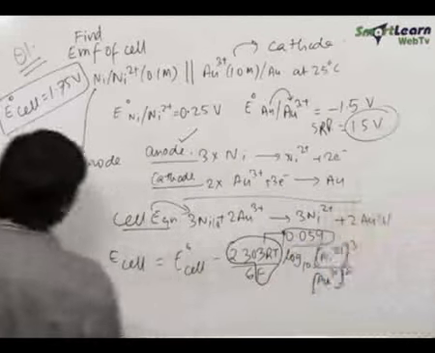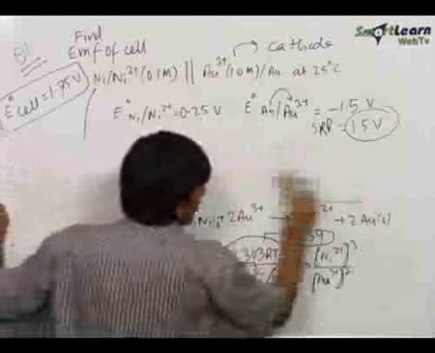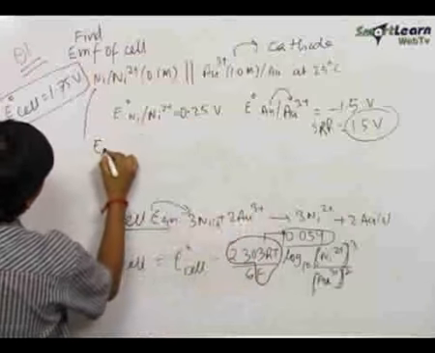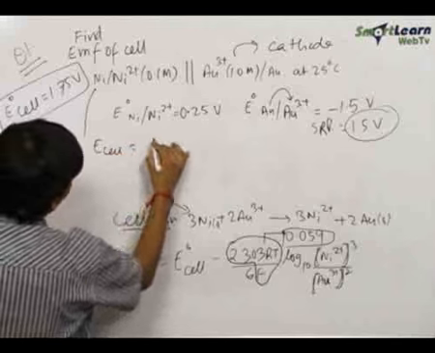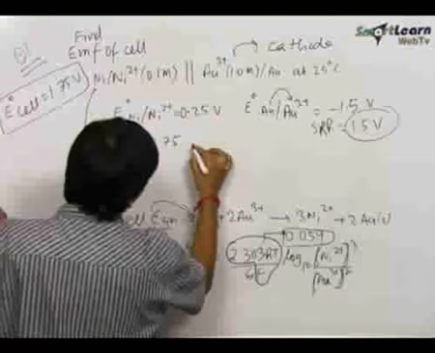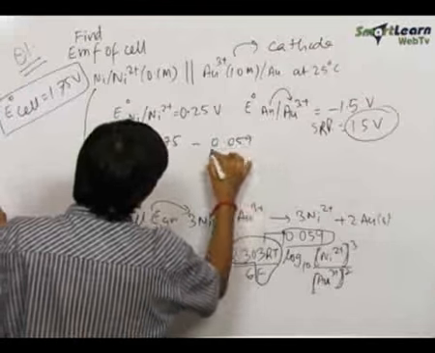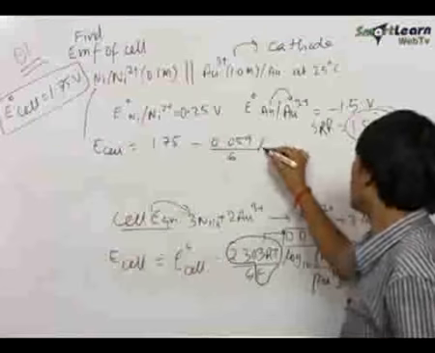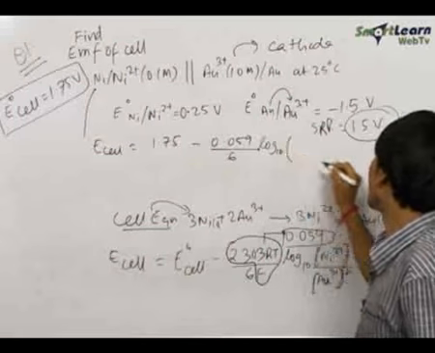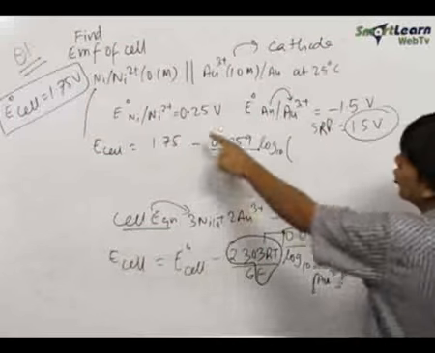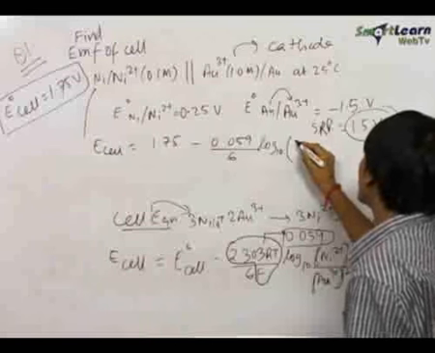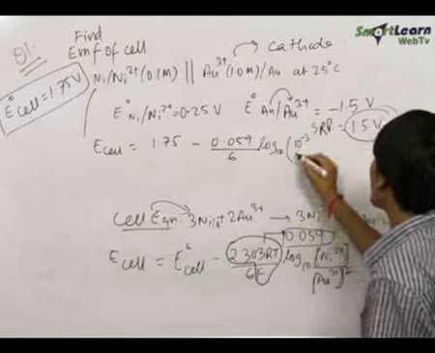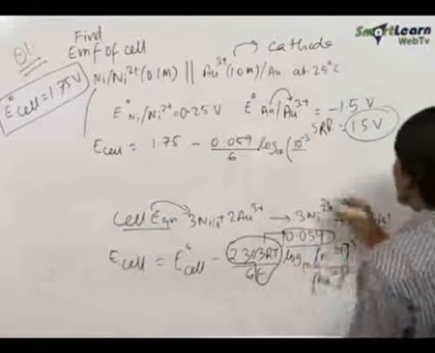So the equation reduces to the EMF of the cell is equal to 1.75 minus 0.059 upon N, where N is 6, into log of base 10. We have the concentration of nickel 2+ to be 0.1, that is 10 raised to minus 1 whole cube, that is 10 raised to minus 3, upon 1, since 1 whole square is 1.